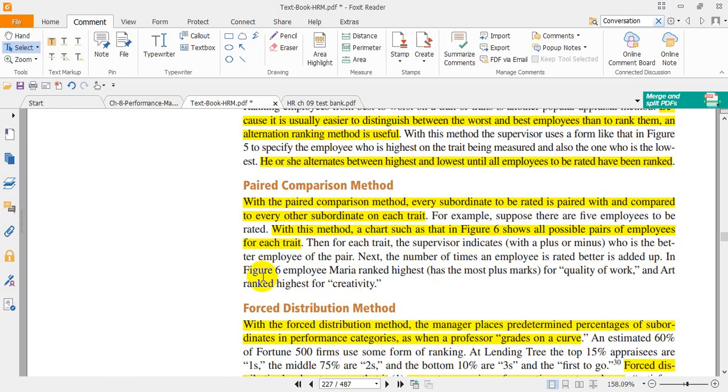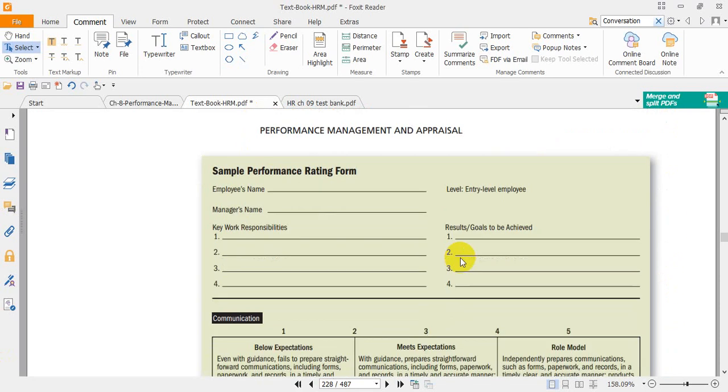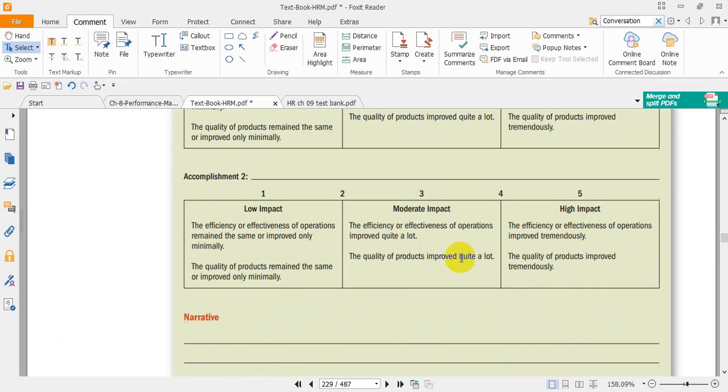In figure number 6, employee Maria ranked highest, has the most plus marks for quality of work, and Art ranked highest for creativity. Let's go to figure number 6 below and see the example.